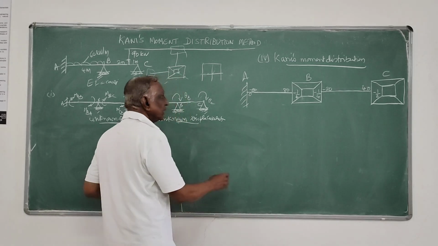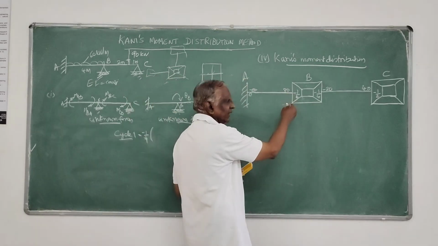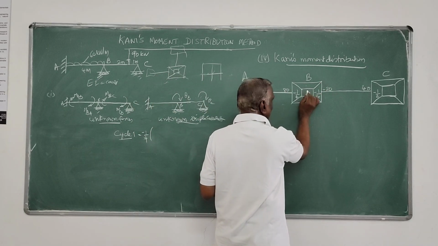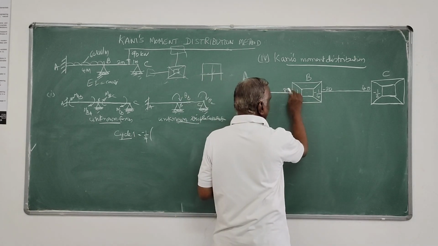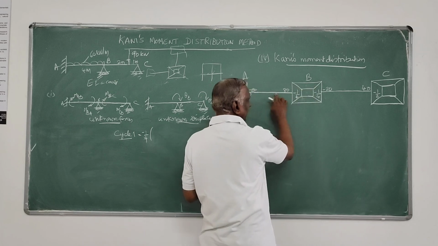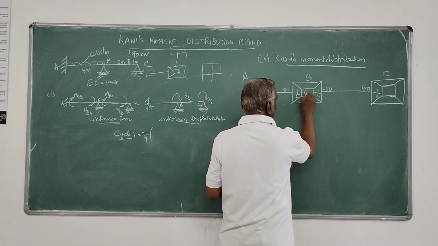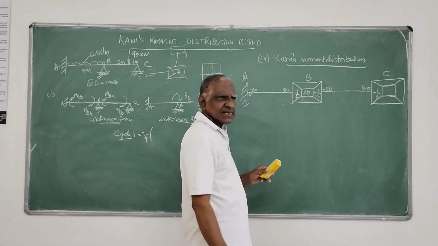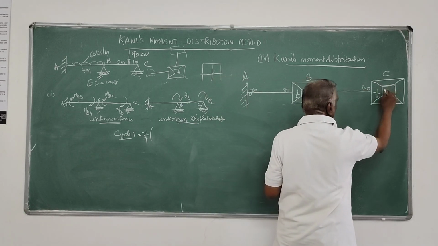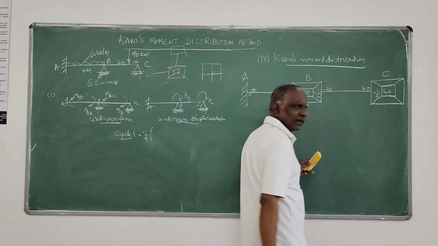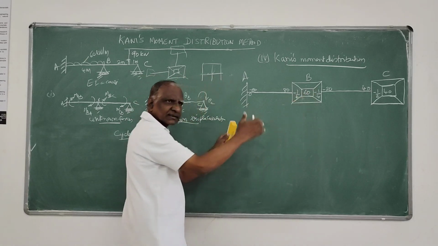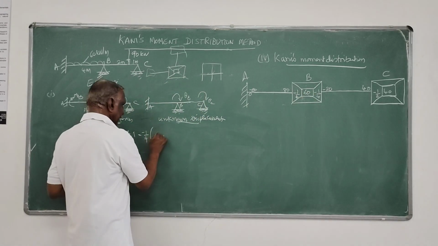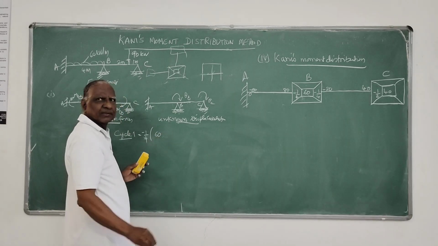Minus 1 by 4 into sum of the fixed end moment. That sum of the fixed end moment, I will write it in the central box. That is 80 minus 20, MBA plus MBC. It is 60. Here it is 40 only because it is only one member. So due to fixed end moment, whatever we got, that is 60.